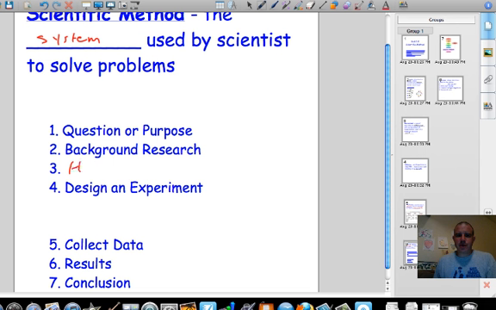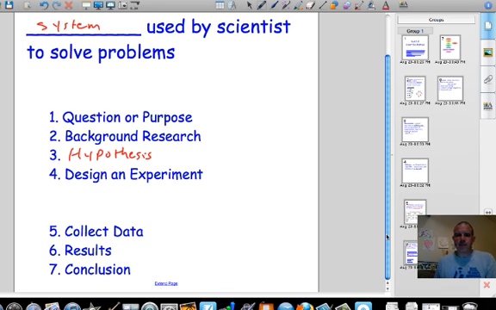The third thing is we need to have some sort of hypothesis to go along with this. We want to have some idea or indication of what we think might happen or be the end result for this particular thing. We then need to design an experiment.